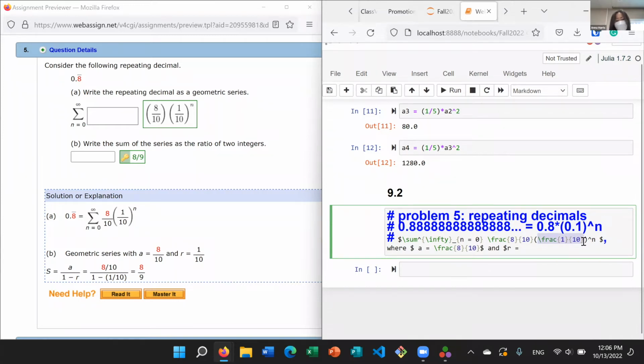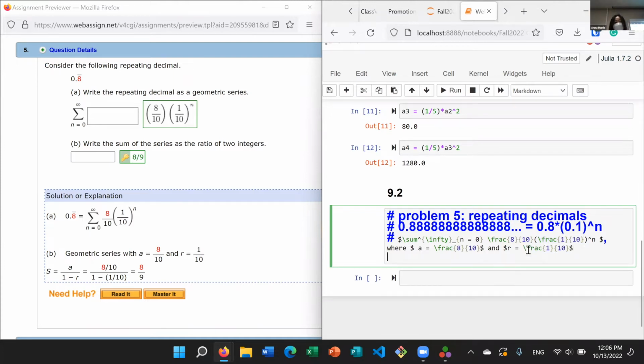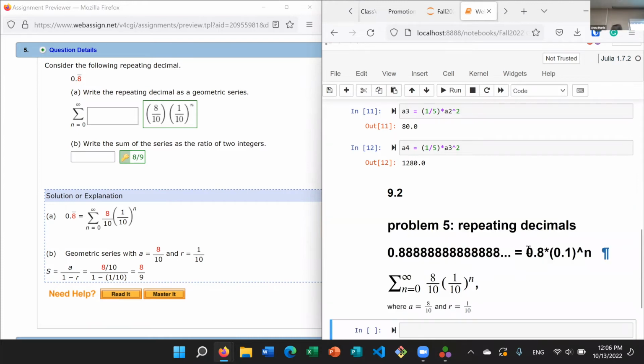Okay, so let me explain to you again. A is a number, R is a number. Okay, so this is what I need to know.